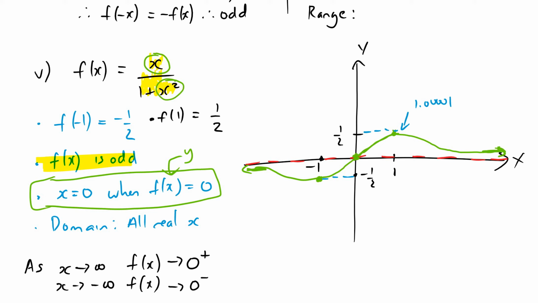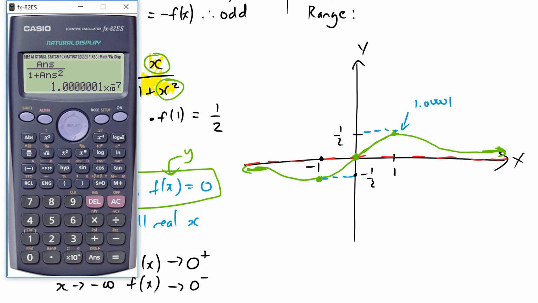So let's have a look. So 1.0000. Now you don't need to put in this one. You can put in anything that's very close to 1. So something like this. Let's put the answer in, and hopefully it is less than a half. If it's less than a half, it means it's going down again, which is good, which is what we want.